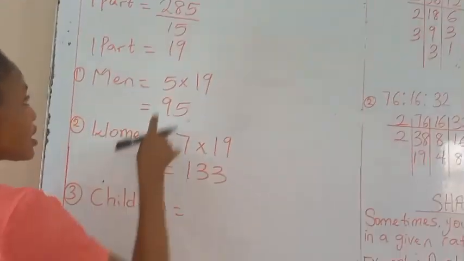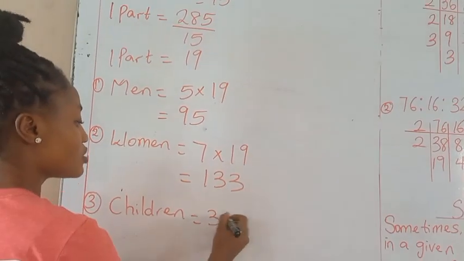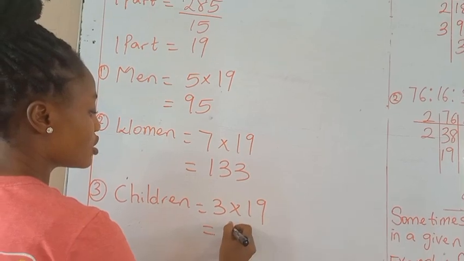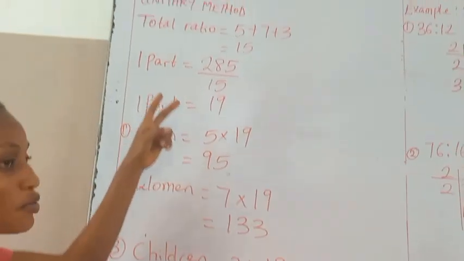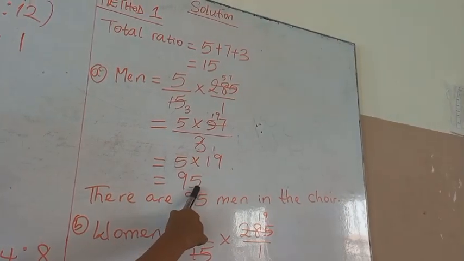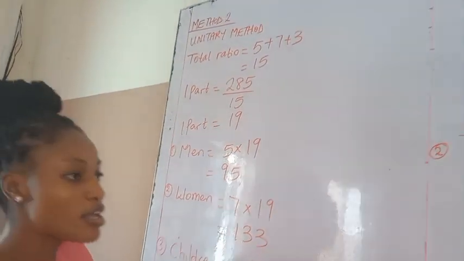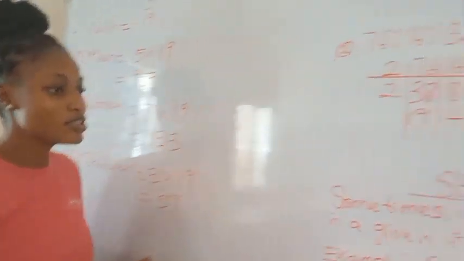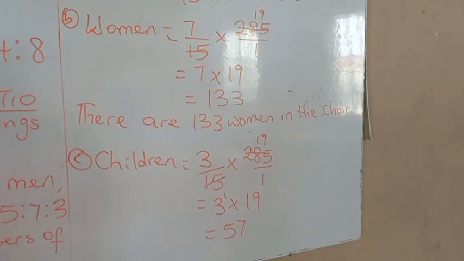That's 3 times 1 part, 3 times 19, and that gives 57. So if you look at it earlier, we find out that they give the same thing. Men equals 95, women equals 133, and children equals 57.